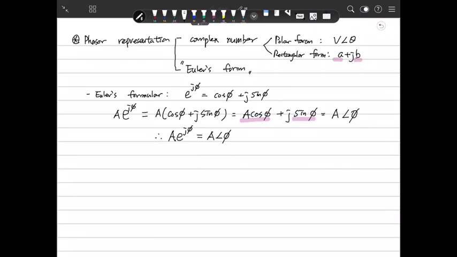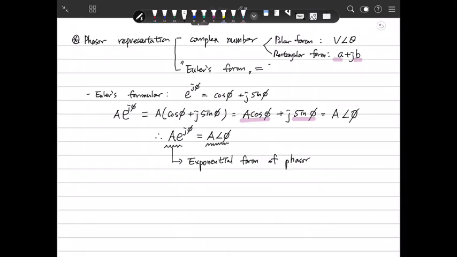So what's that? This is a phasor, right? This is a complex number. So we call this the same as that. We call this the exponential form of a phasor.